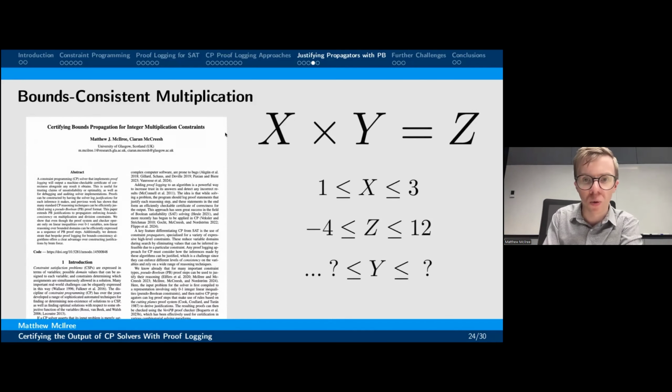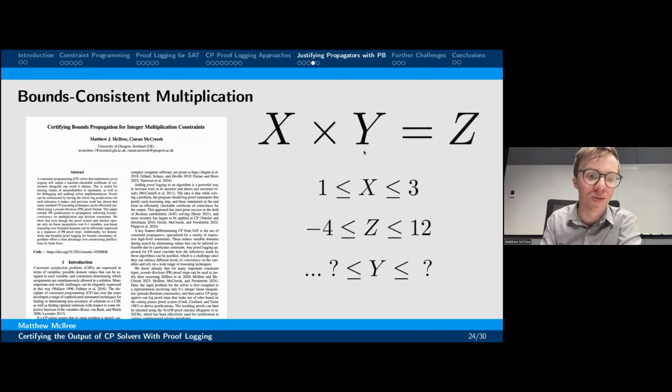So again, I won't go into this in detail, but we have to express all the individual bit multiplications and then effectively build a multiplication using nested additions. But we can write down this constraint in a pseudo-Boolean form, and it does take n times m PB constraints, where n is the number of bits of x and m is the number of bits of y.